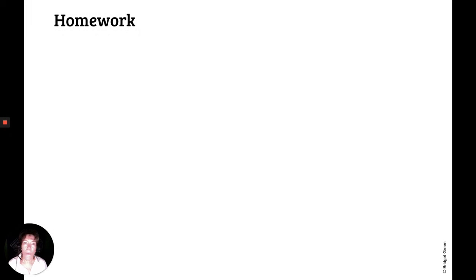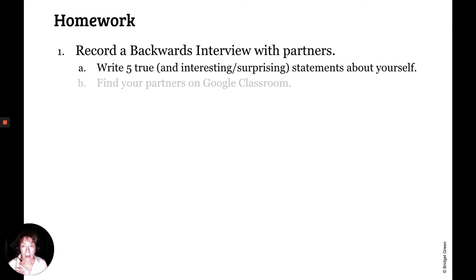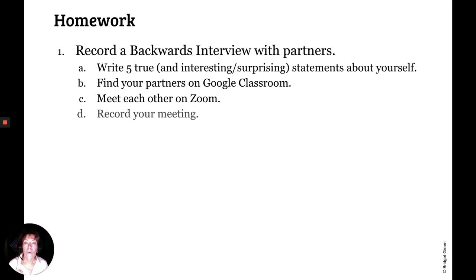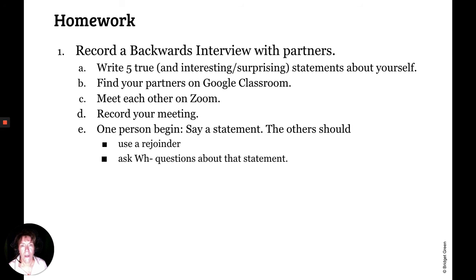Let me tell you your homework. It's a backwards interview. So you're going to write these statements about yourself, then find your partners on Google Classroom, meet on Zoom, and record your meeting. One person will begin with a statement, and the others will say a rejoinder that you learned in conversation class and ask a WH question.